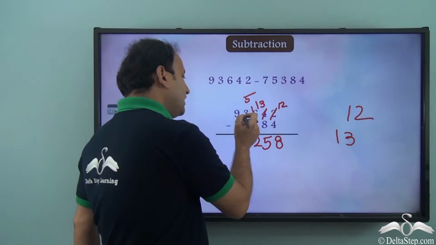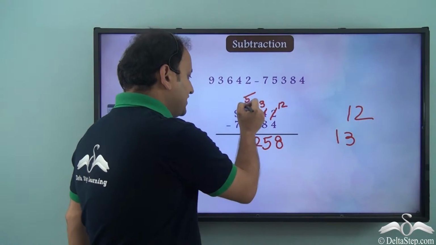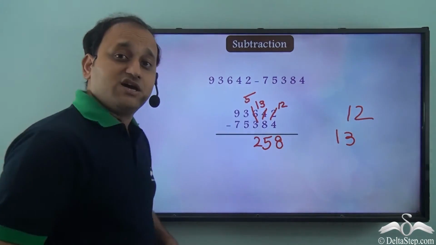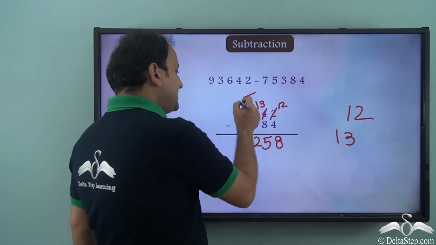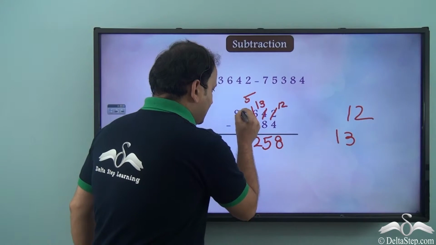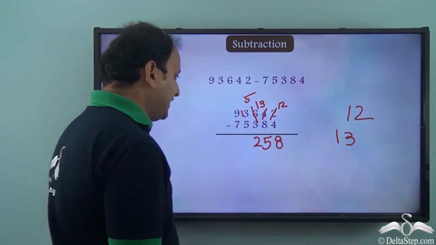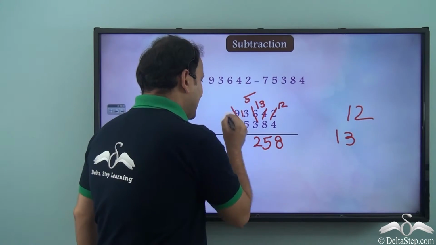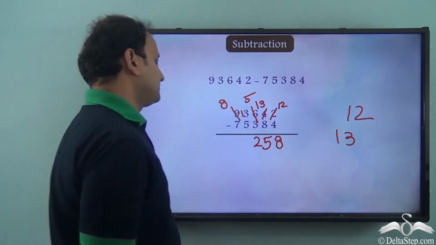Now let's come here. Here again we have 3 minus 5. 3 is smaller. So again 3 will borrow 1 from 9. So 3 becomes 13 after taking 1 from 9, and 9 becomes 8.